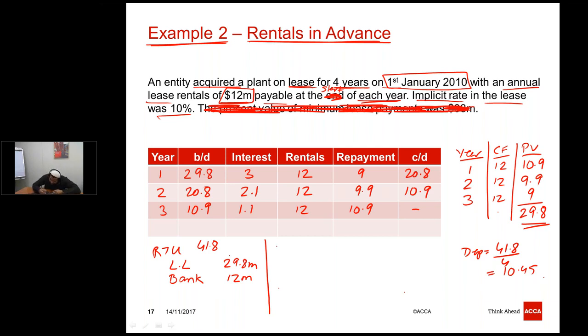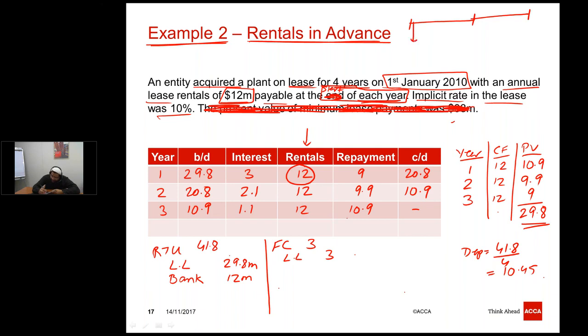Now the entry is going to be finance cost debit by 3 and the lease liability credit by 3, and the lease liability debit by, okay, now this is something new for you people. Now these rentals, on which date are we going to pay these rentals? We are going to pay this at the start of each year. So this means that this 12 million is the second rentals.